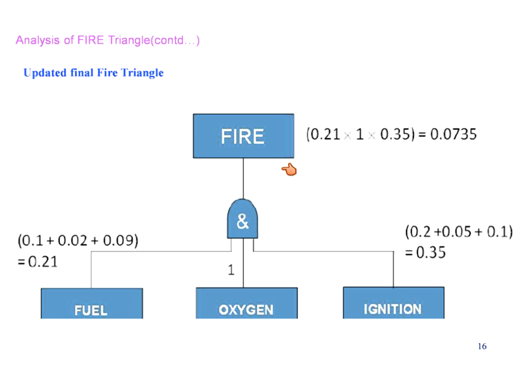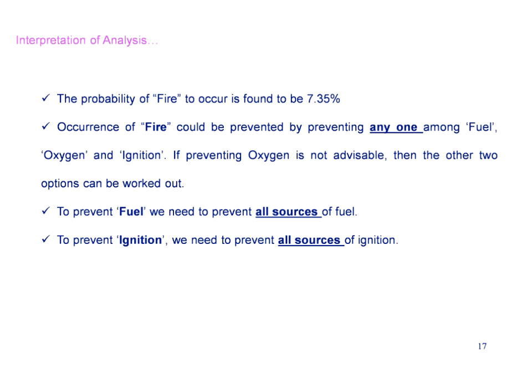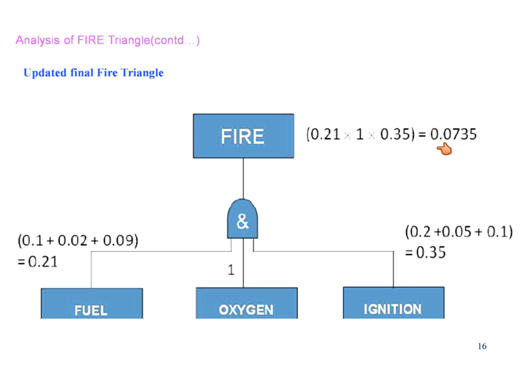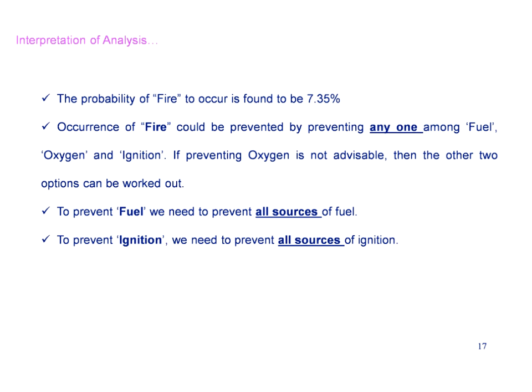So from here now we can make a conclusion, you can give a comment. The probability of fire to occur is found to be 7.35%, because we have found here 0.0735. Multiply this value by 100, you will get the percentage, and that value is 7.35%, and that is what we are writing here.